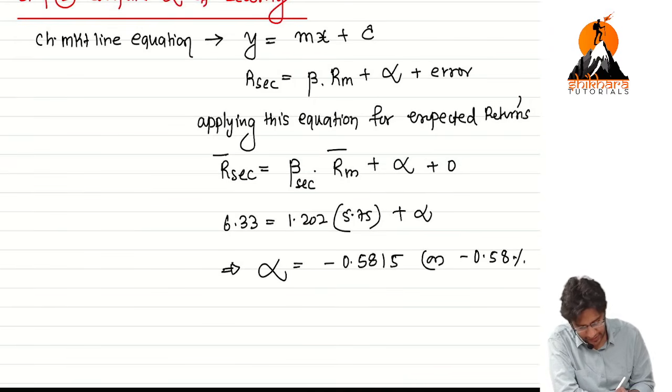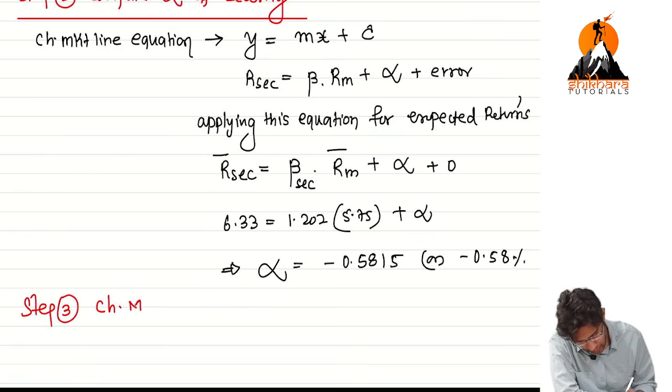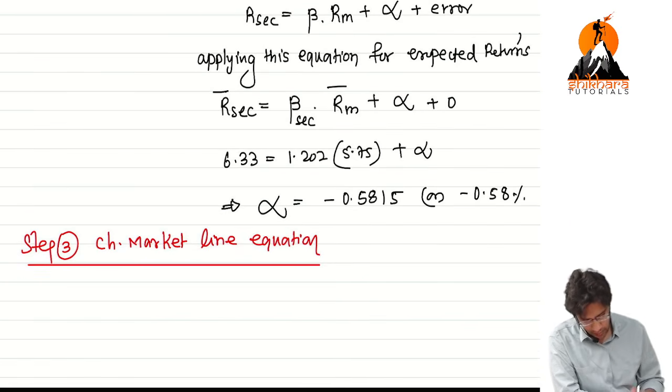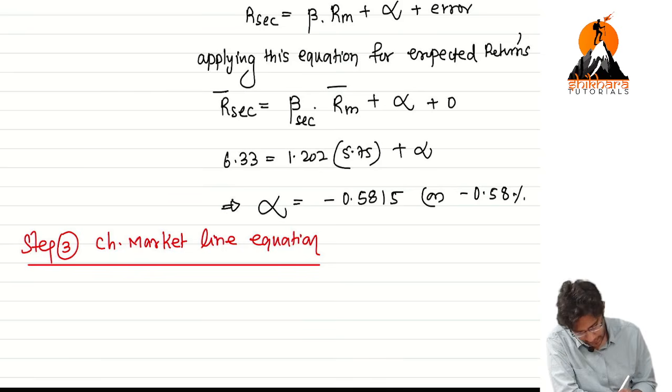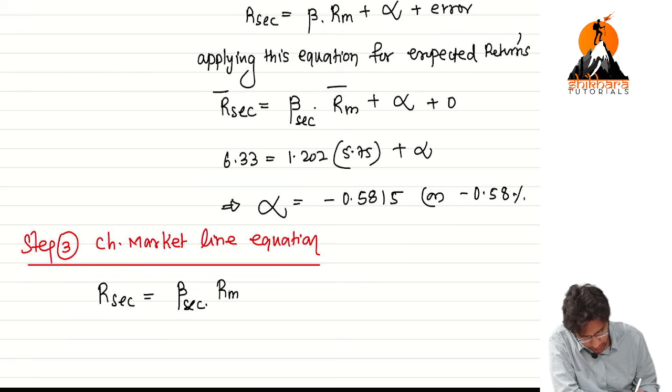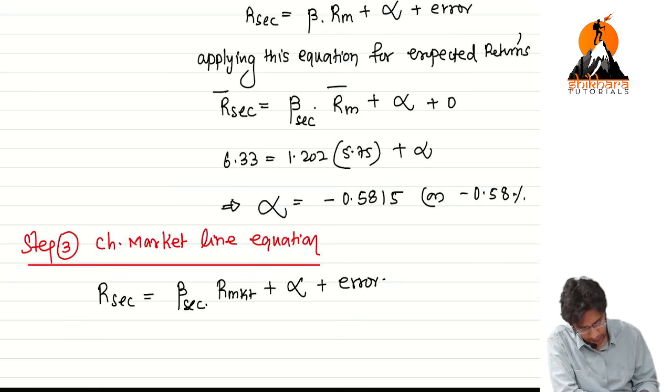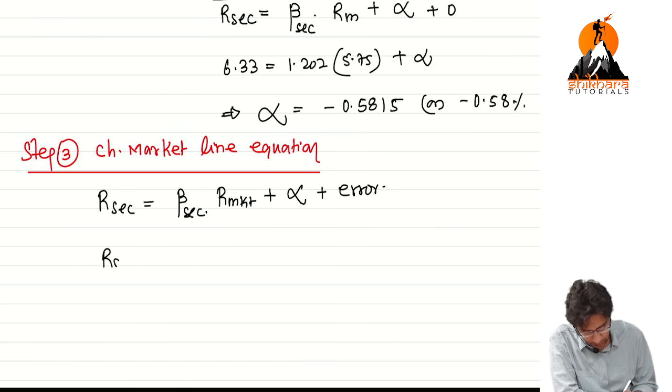Over. Step number 3, write the skeleton equation and leave it. The characteristic market line equation, which we already know: security return equals beta of security into market return plus alpha plus error. Security return, don't fill up, leave it.